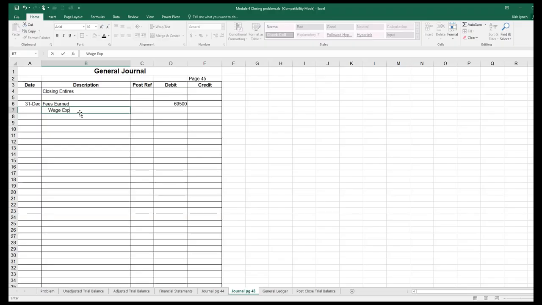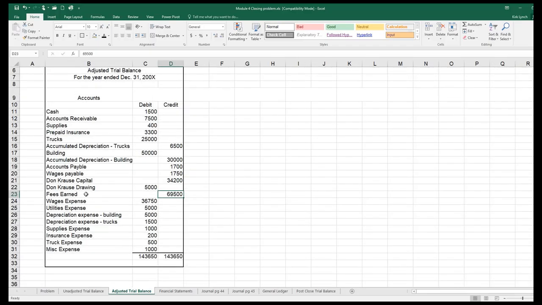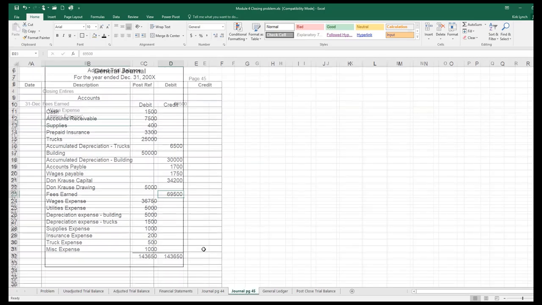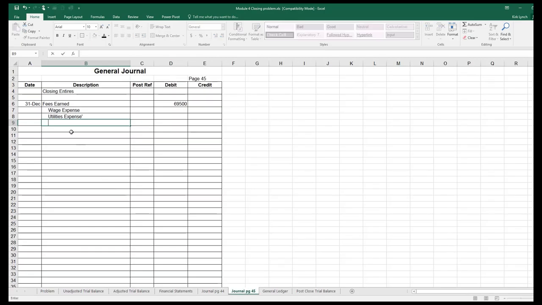Wages expense, utilities expense, the rest of our expense accounts are right here. Depreciation expense on our building and trucks, supplies and insurance. So let's do that.